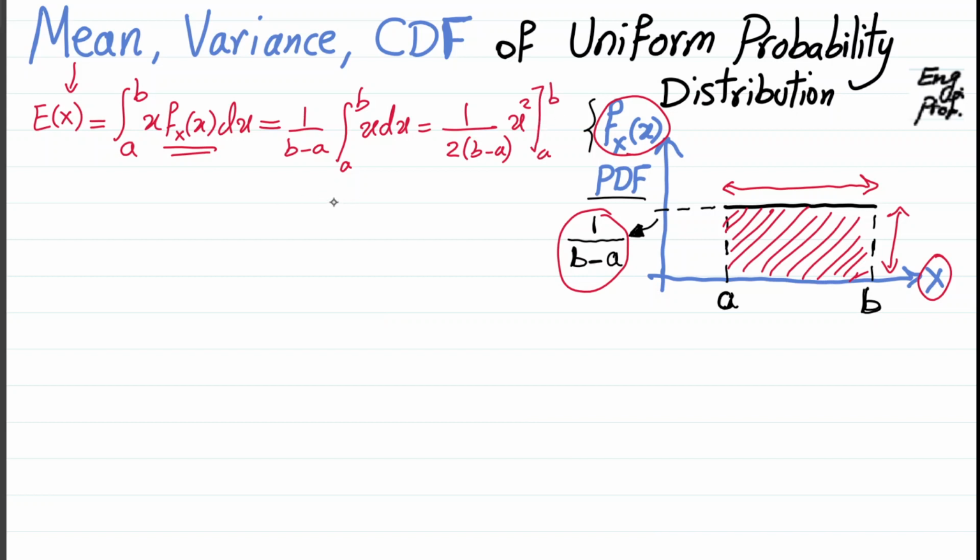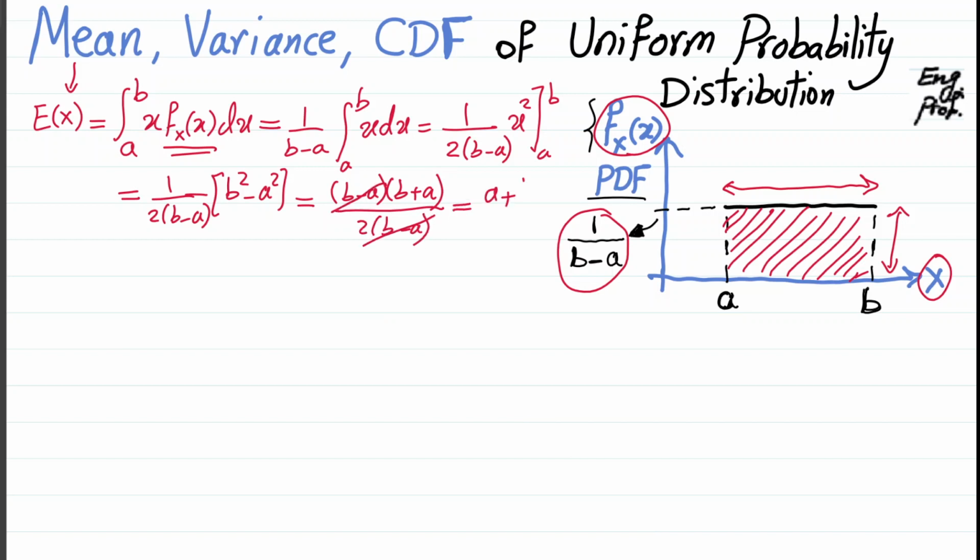Substituting x with b and a, it becomes b squared minus a squared, which is b minus a times b plus a, divided by 2 times b minus a, which becomes a plus b divided by 2, exactly as intuitively expected. So that is the expected value, or mean.